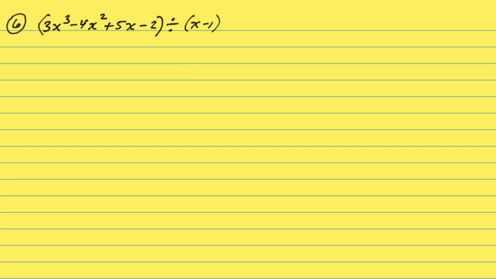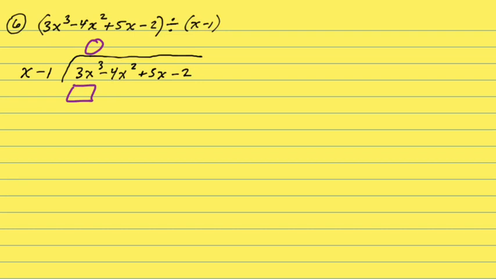Number 6 is the division. We could do these long or synthetic. 3x, let me move it over so we have room. 3x cubed minus 4x squared plus 5x minus 2 is divided by x minus 1. So x times what equals 3x cubed?